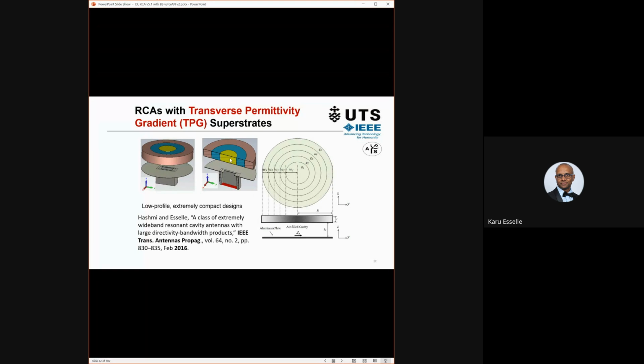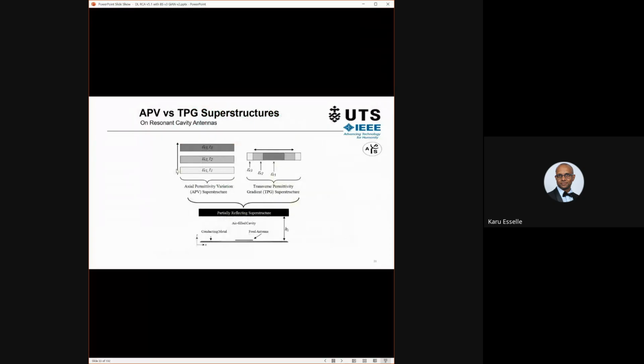Otherwise, it's very similar: resonant cavity, waveguide, and the feed, etc. So now we can compare the 2 types of small resonant cavity antennas with all dielectric superstrates. This is with different dielectric layers.